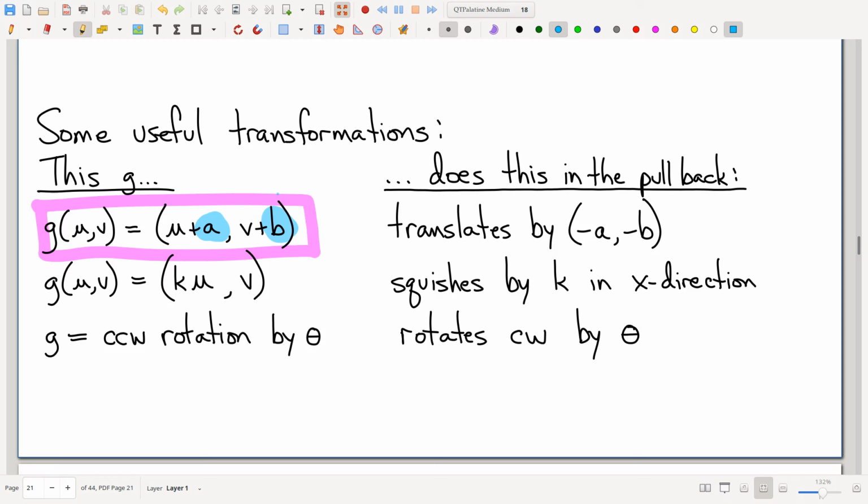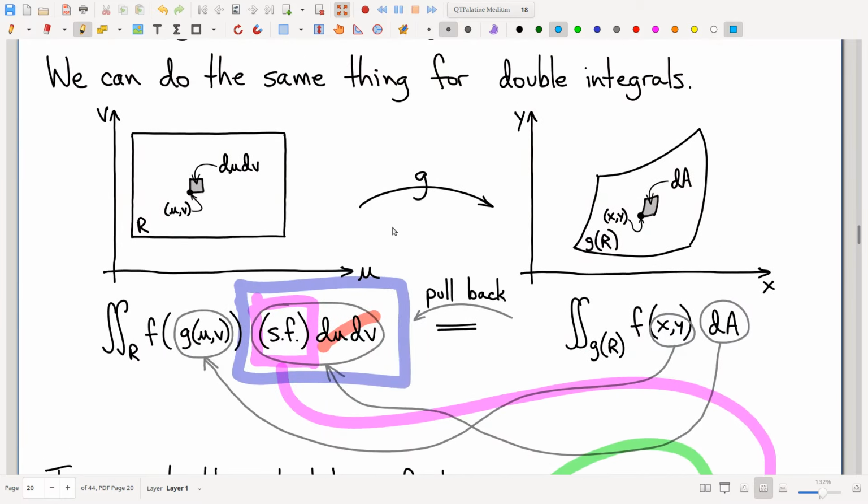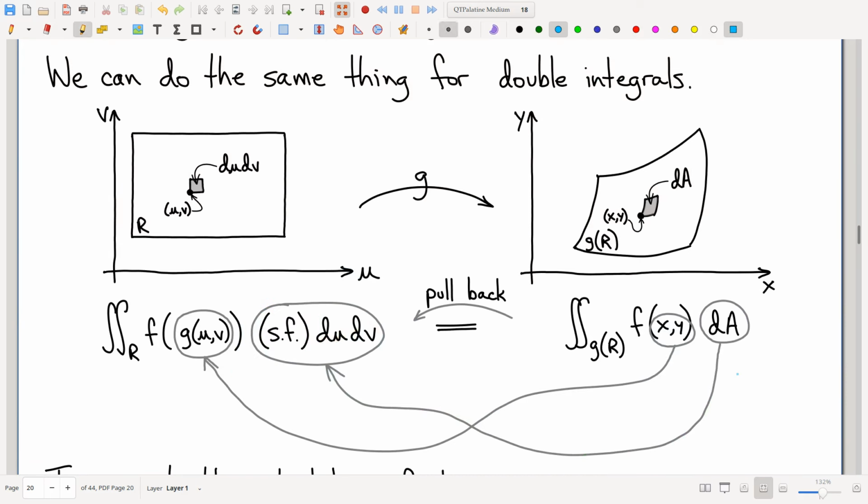So that shifts things according to the vector a comma b. Here's the thing. Keep in mind, when you do change of variables, you are doing a pullback, right? And so if the action of your function, hypothetically, is to just shift everything by some vector a comma b, right?